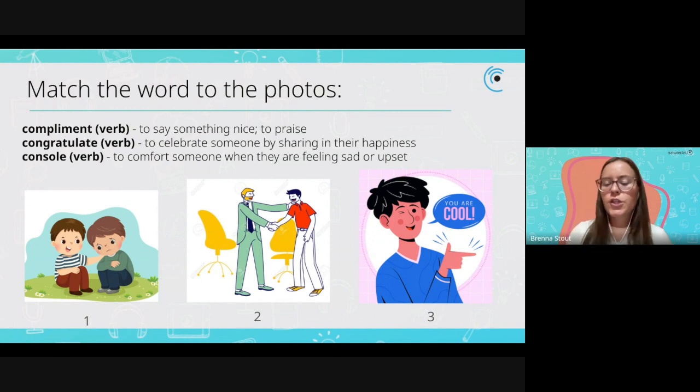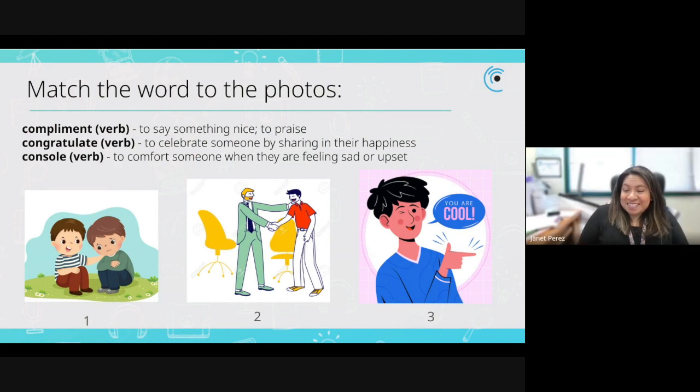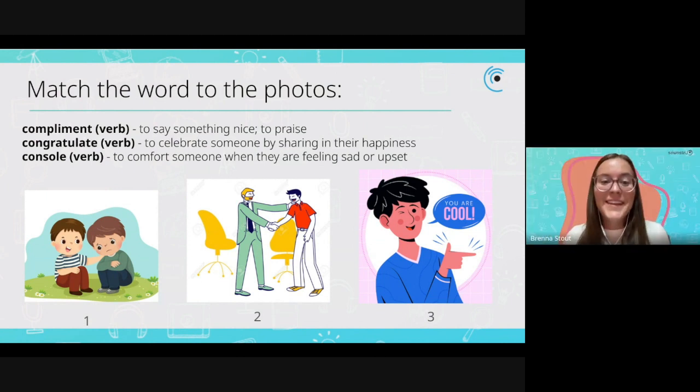And what in picture 2 shows that they are congratulating or celebrating someone? What are they doing in picture 2? Oh, the man in green is giving the man in red a pat on his shoulder, and they're both smiling. Yes, so the key is maybe the smiling or the pat on the shoulder saying, good job, congratulations.